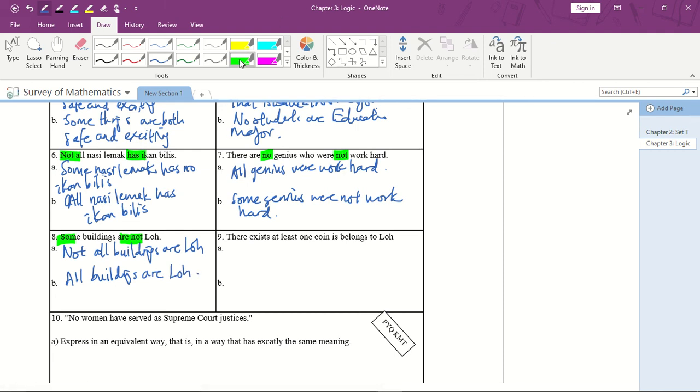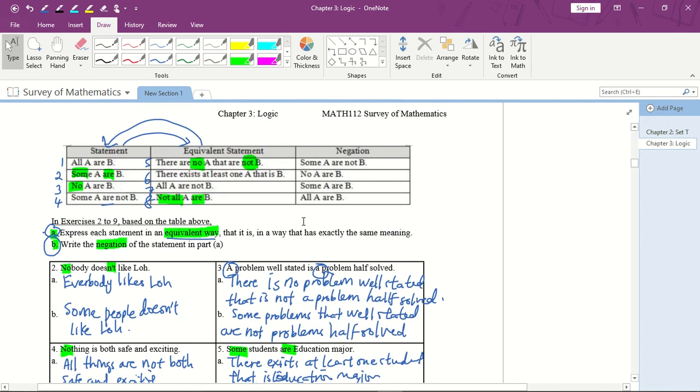And here again, the question: there exists at least one coin that belongs to law. I believe this is the easiest question. So which one of the one to eight statements? I believe you got it. The answer is number 6.